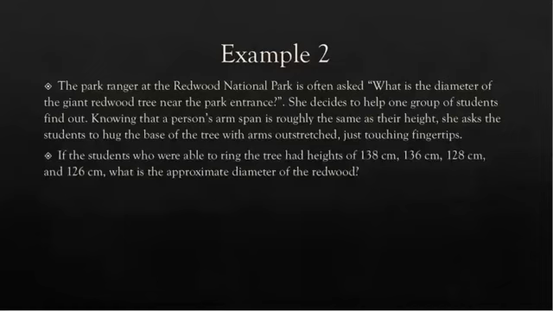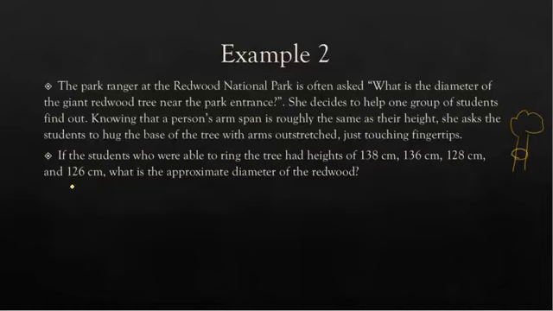Now I want to say that I pulled this problem from your book, and it does not seem very accurate to an actual redwood. But we can use what we were given to figure out the diameter of whatever tree they are hugging. So if I add all of the heights, what is that going to give me? Is that the diameter of the tree or the circumference? Well, they're going around the tree. So here's our tree. They're going around it.